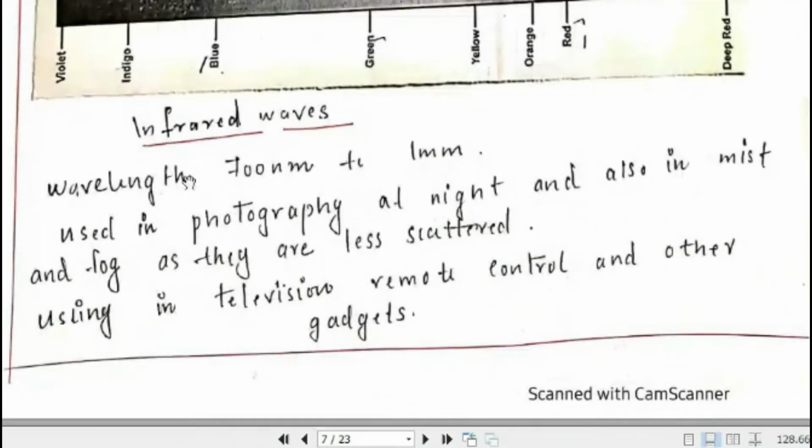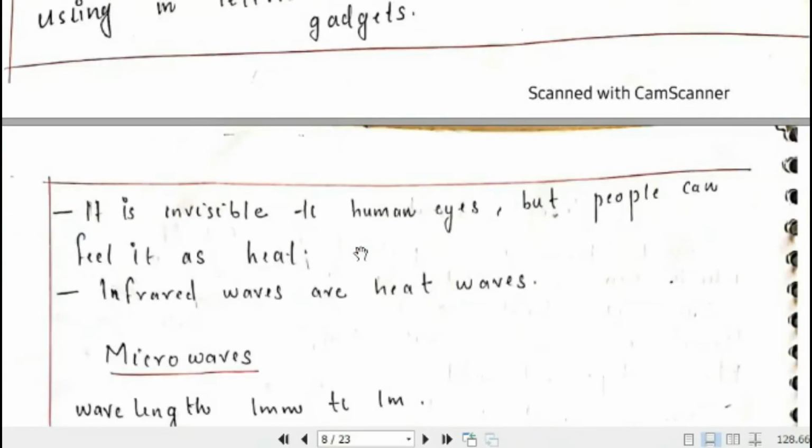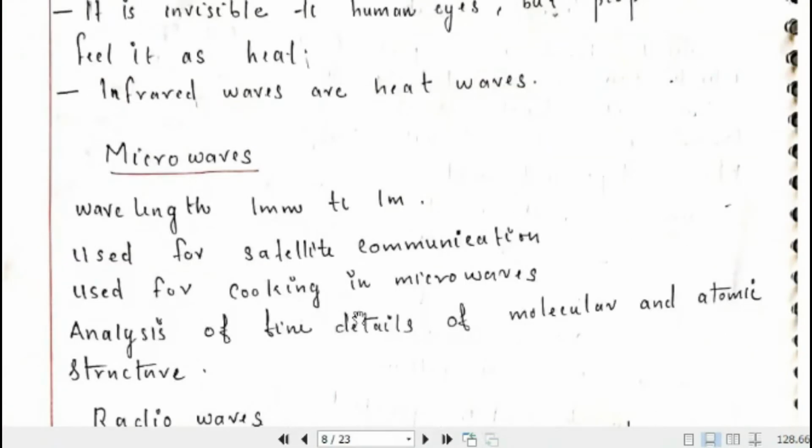Moving on to the next waves, infrared waves, which are having wavelength 700 nanometer to 1 millimeter, which is used in photography at night and also in mist and fog as they have less scattering. Used in television remote control and other gadgets. It is invisible to human eyes, but people can feel it as hot. Infrared waves are heat waves.